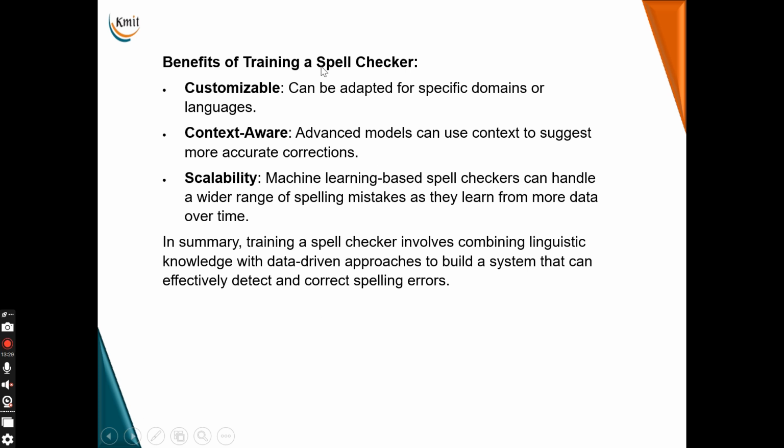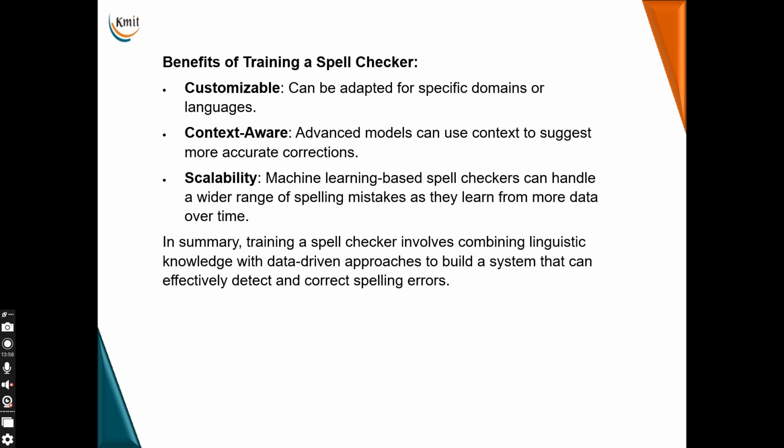What are the benefits of training a spell checker? You are trying to customize the spell checker in order to work in a specific domain or with a specific language. Context aware: since the beginning I have been talking about this, a spell checker should be able to suggest not only spelling errors but a specific word according to the context.